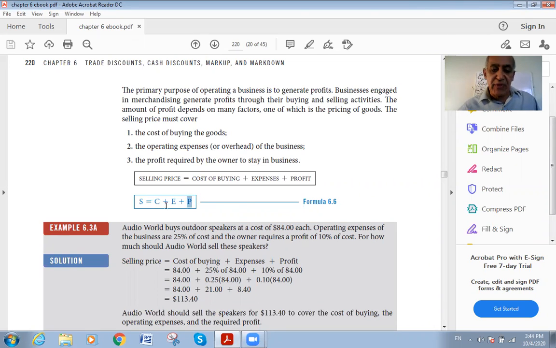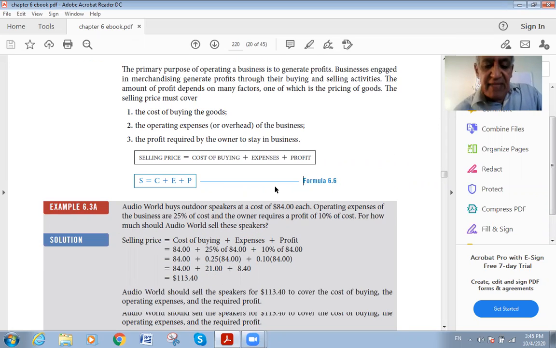It doesn't matter so much, as long as you understand what the selling price consists of. That's what we want you to do. So the selling price consists of the cost of buying, expenses, and profits. When I decide the price I would sell at, it must consist of the cost of buying, expenses and profits together.